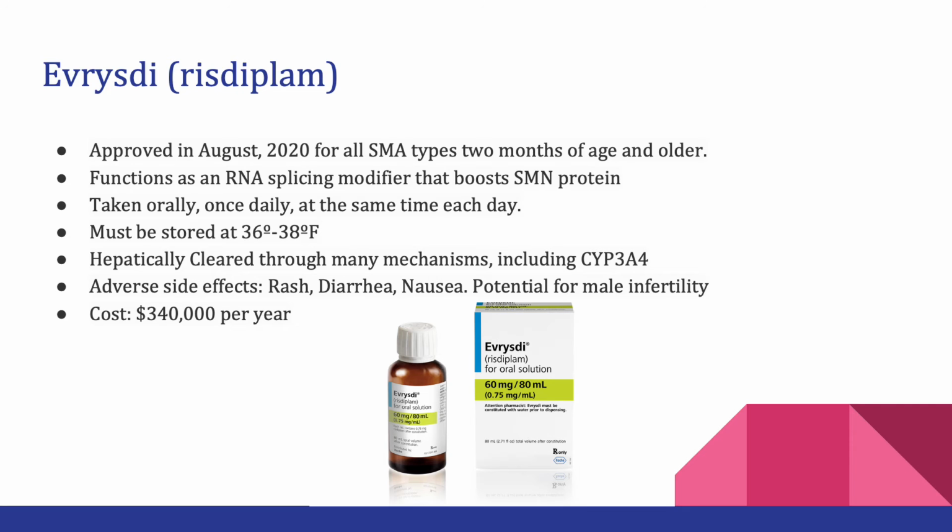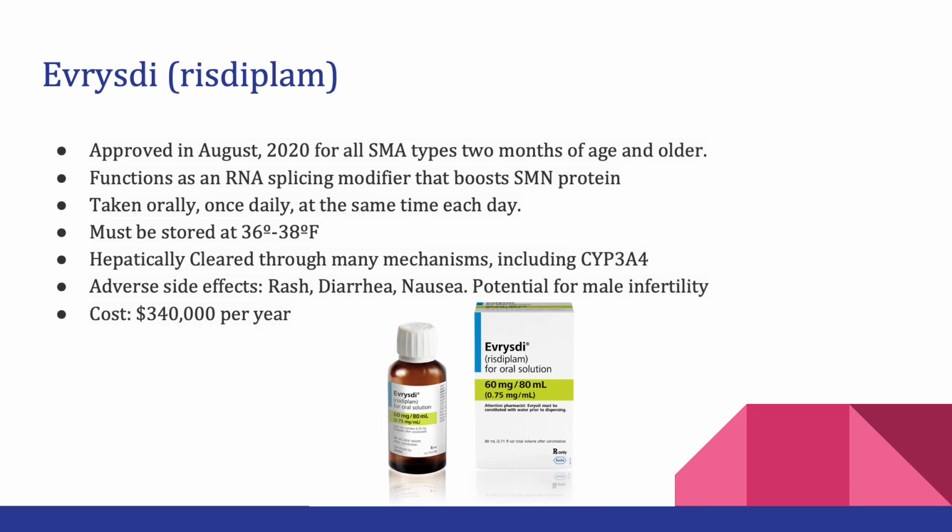And in the early phases of testing the effects of Evrysdi on mice, high doses of the drug caused irreversible damage to spermatogenesis. Now, the drug company keeps the doses of the drug low enough that the risk of infertility in humans is significantly reduced, and there have been no documented cases of infertility in humans yet, but the risk is still present.